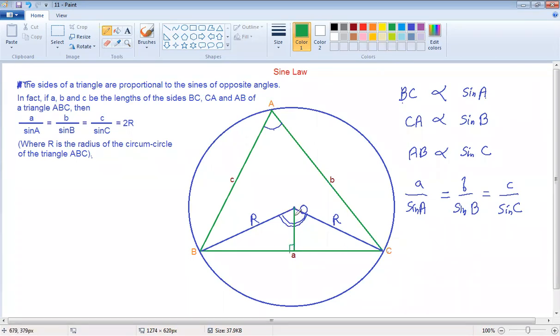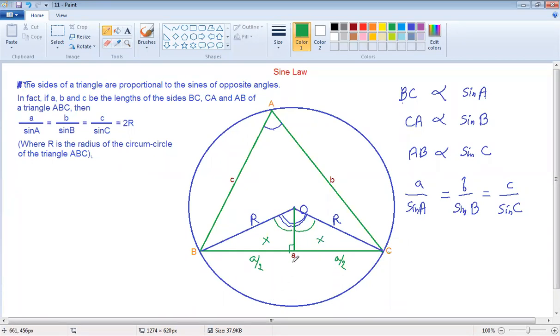A perpendicular drawn from the center of a circle on a chord of the circle bisects the chord. BC is also a chord. You remember this property also? So this part is a by 2, this part is a by 2. And similarly, you know that this angle is equal to this angle because these two triangles are congruent.